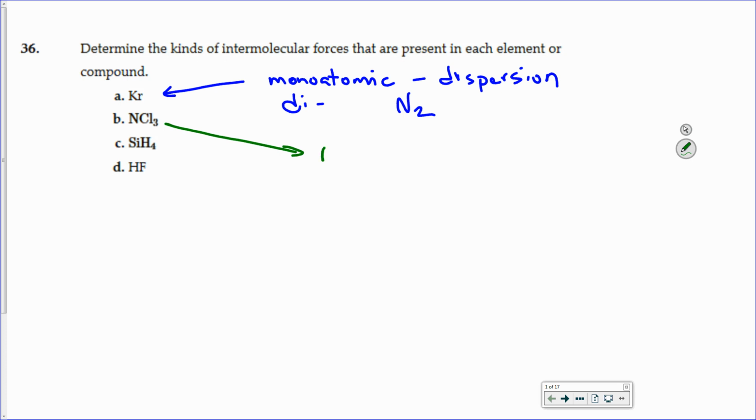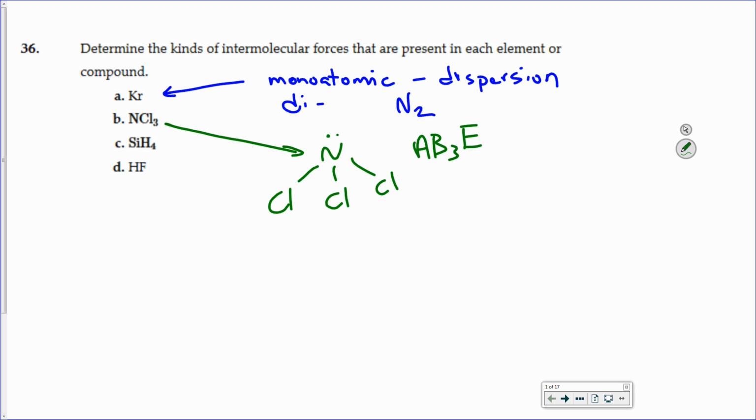So it has 3 things bound to it, and there are 3 chlorine atoms in this case. If I go back to VSEPR, that's an AB3E. That's trigonal pyramidal, the type of molecular geometry that we have with that.